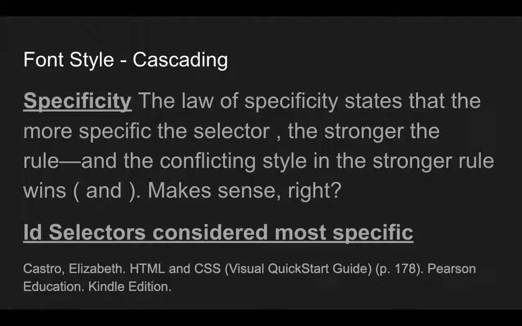So, for example, if I have a rule that says all of my classes are going to be red, the text will be red, but I have an ID also on a paragraph tag, and that paragraph tag says something different, that ID will always win over the class. So ID selectors are considered the most specific because they point to the exact element that you want to address. Okay.